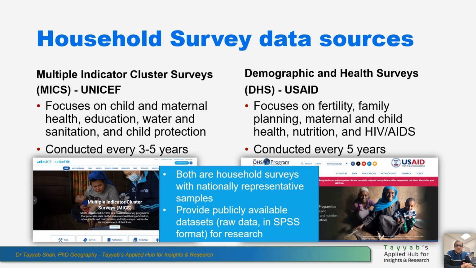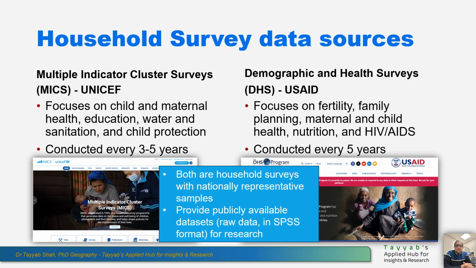Both are cross-sectional surveys, and because they are repeated every 3 to 5 years, we can call them repeated cross-sectional surveys. And they are publicly available. That's a good thing: the data is available for research, mostly in SPSS format. That's one of the reasons I picked one of these surveys for this course.